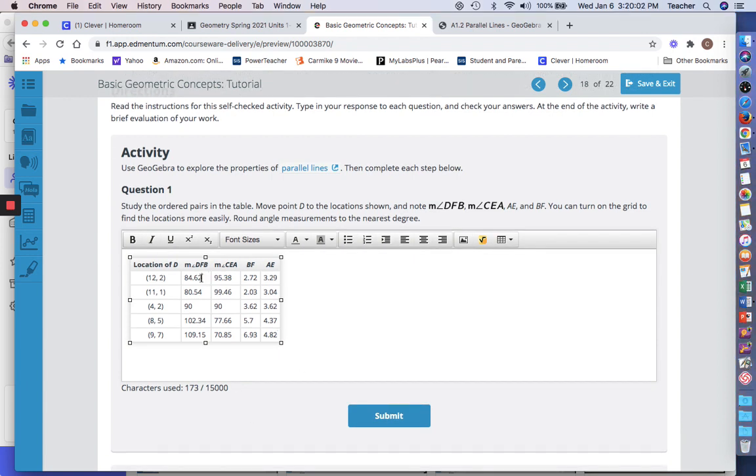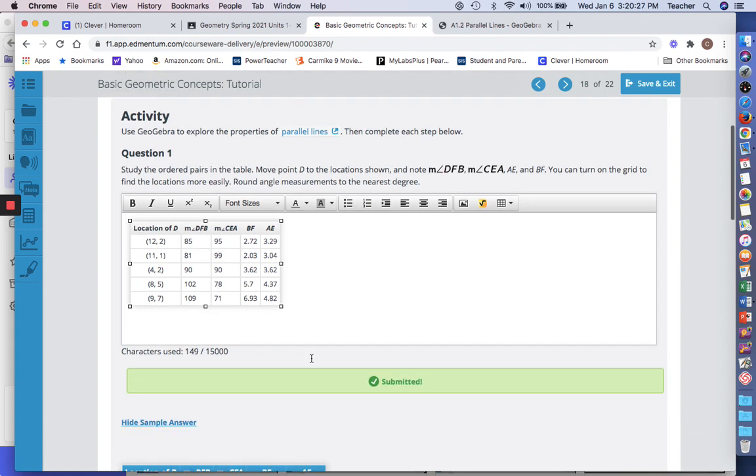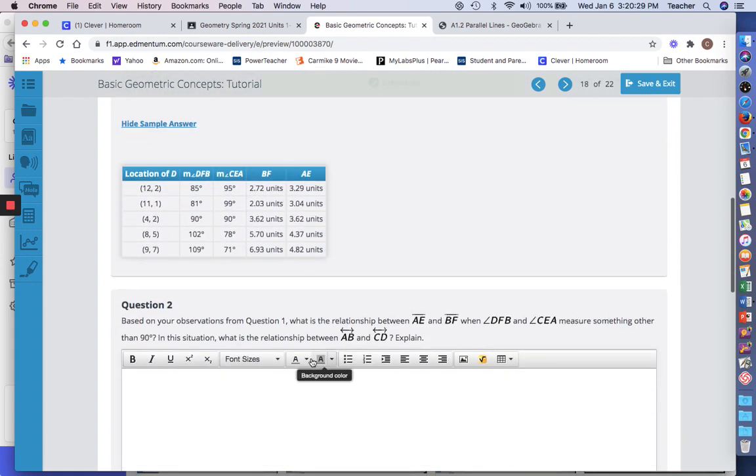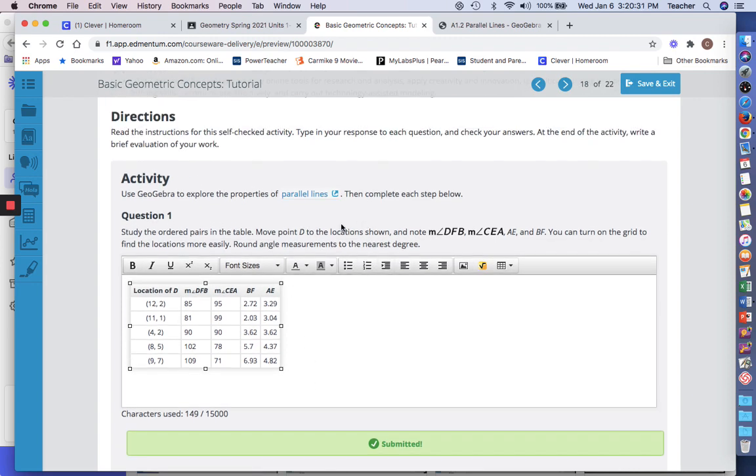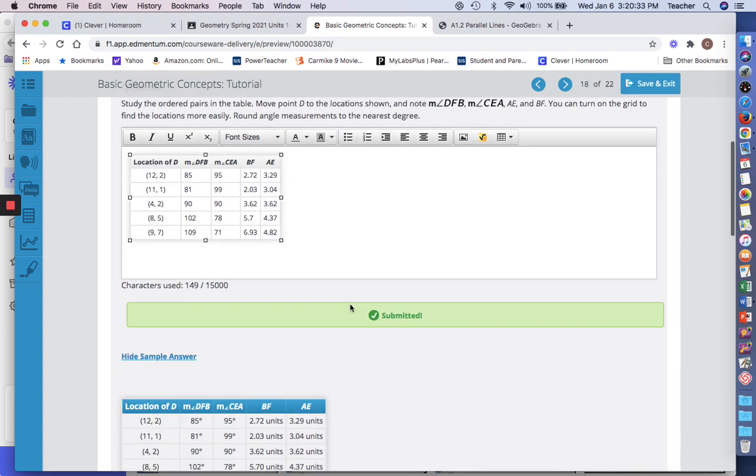So let's make this an 85, 95, 81, 99. Take off that, be 102. That'll be 78, 109, and that'll be 71. Moral of the story: make sure you read before you do everything, because I didn't do that.